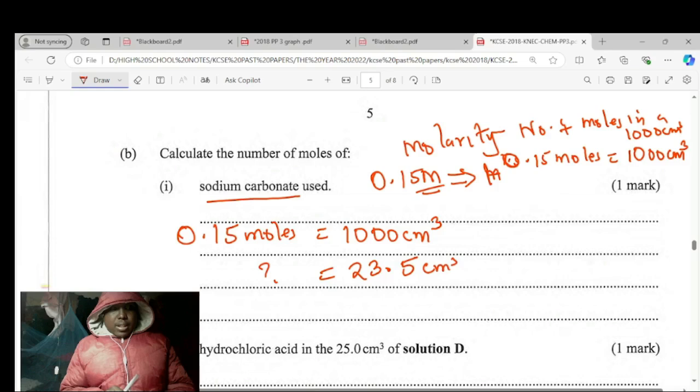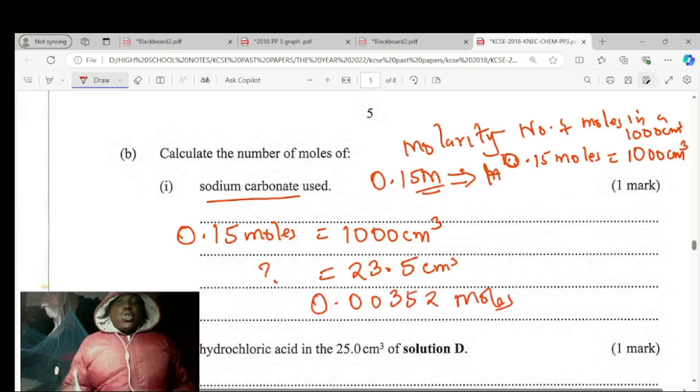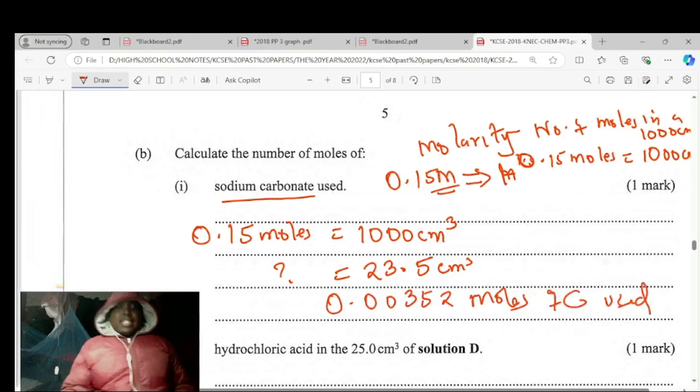You get 0.00352 moles. So this is the number of moles of sodium carbonate solution C used.